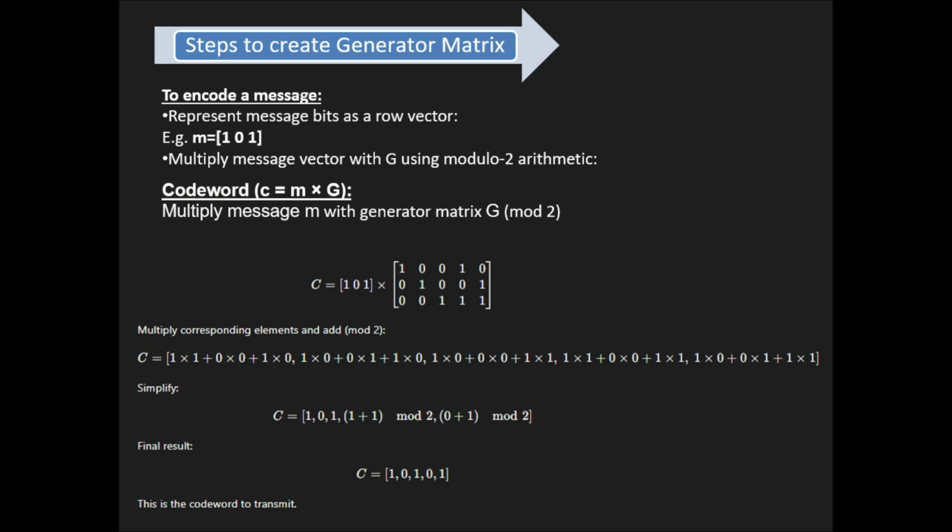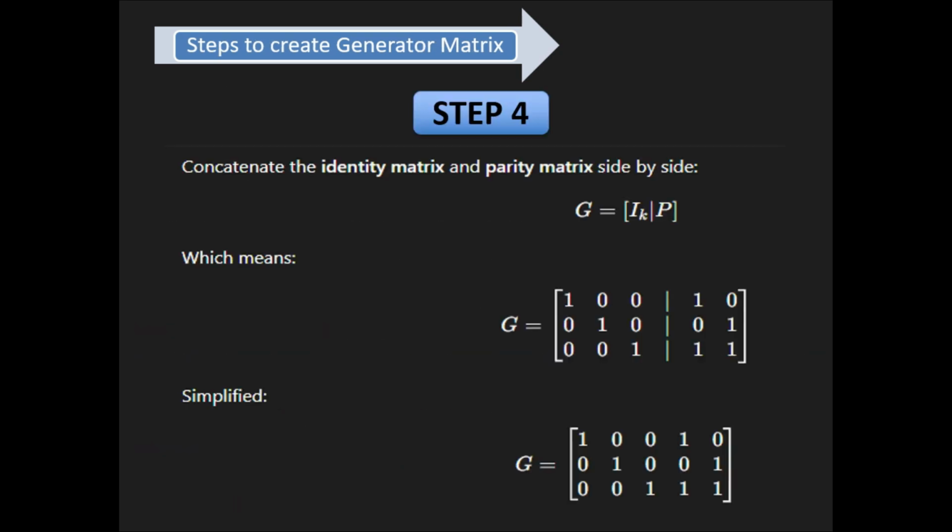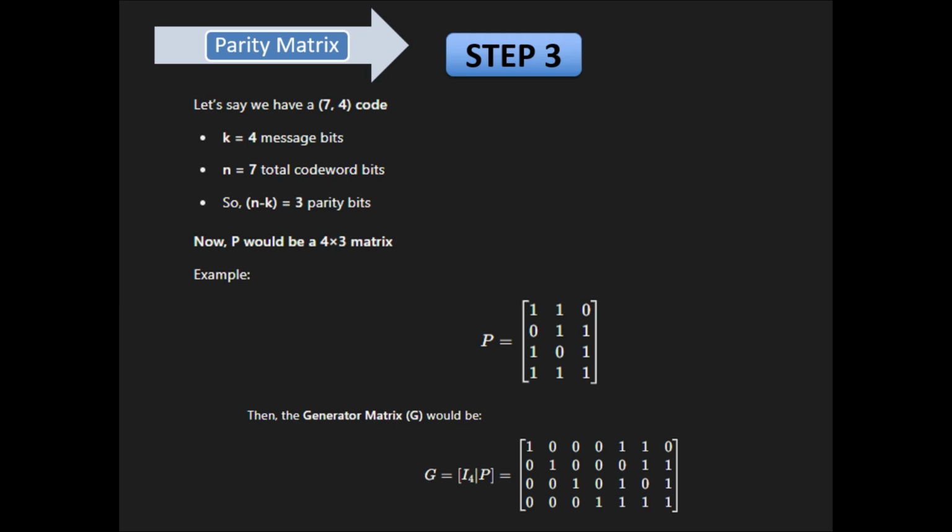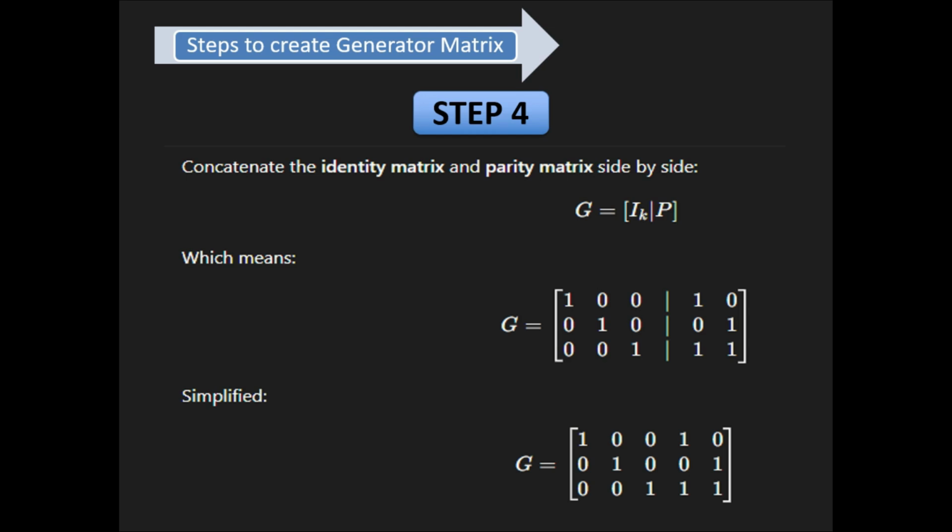So multiply the message vector with G using modulo 2 arithmetic. This is the main thing. First, see the code word, which is C equal to M cross G. Now 101 is the message, and before it is the generator matrix. In step 3 you can see the generator matrix is very long, with 7 columns, but in step 4 there are 5 columns.